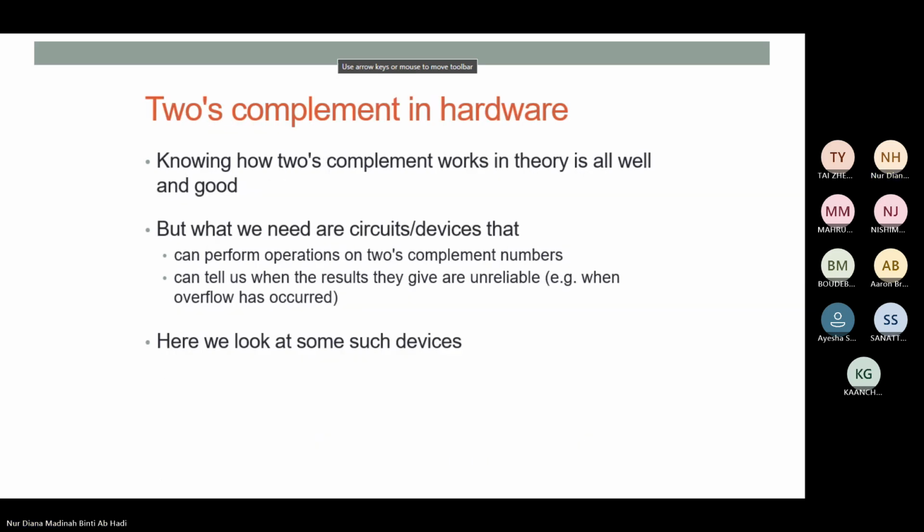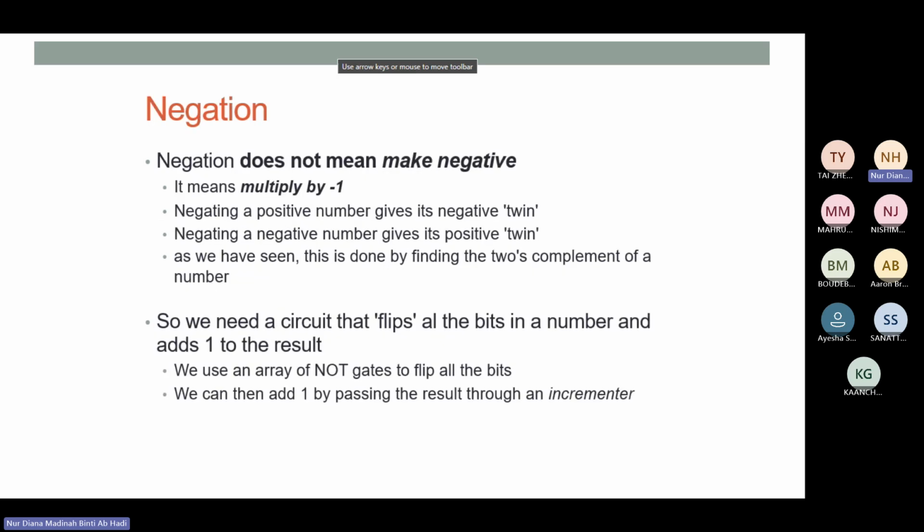Okay, so two's complement in hardware. Two's complement works in theory all well and good, but we need a circuit or device to perform the operation that can tell us the result, whether it is reliable or not. Here we look at some such devices. Okay, negation doesn't mean it makes the value negative, but it means that we have to multiply by negative 1.